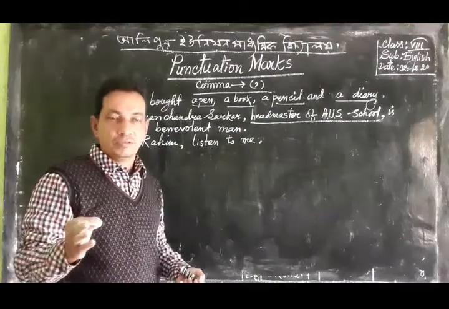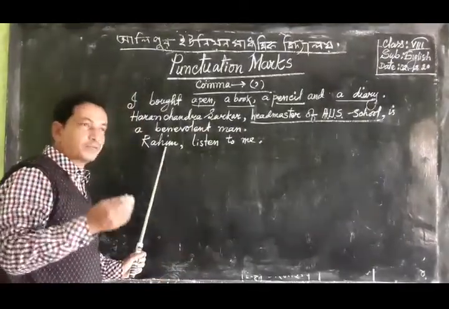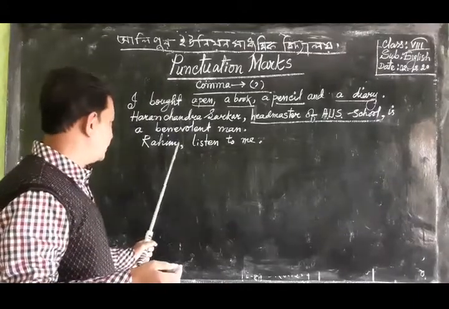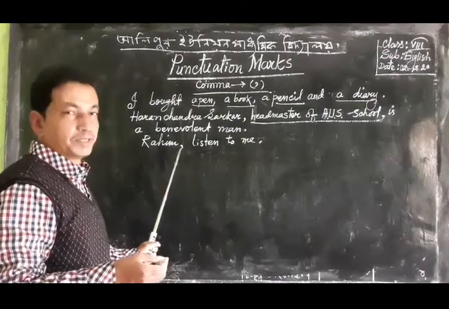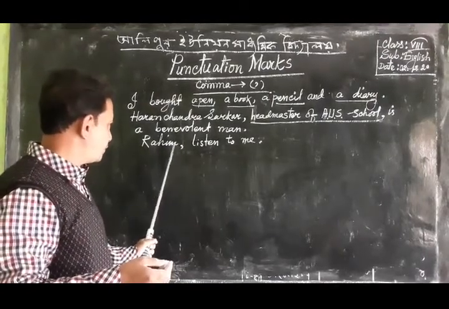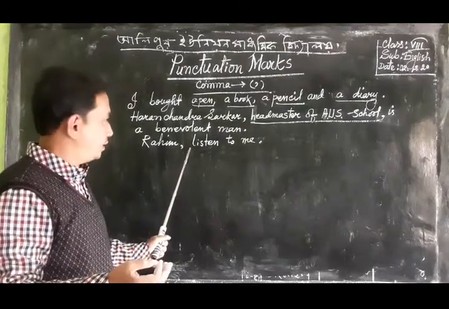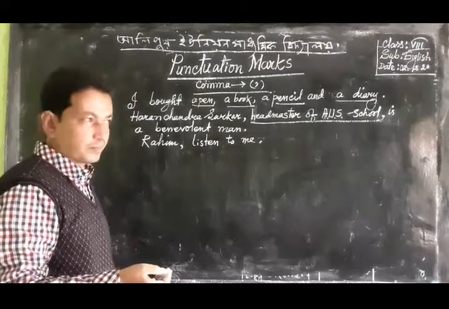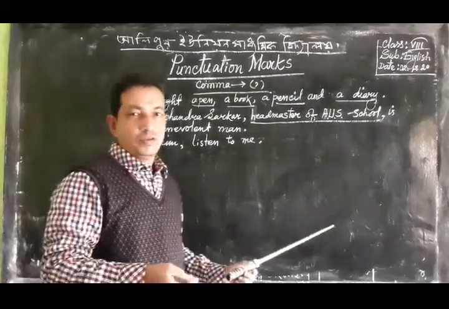There are so many sentences, and after the vocative case, Rahim is a vocative case. So I have given comma after vocative case. Rahim vocative case, and we should use comma after vocative case, and then we have to write another sentence. So vocative case needs comma.